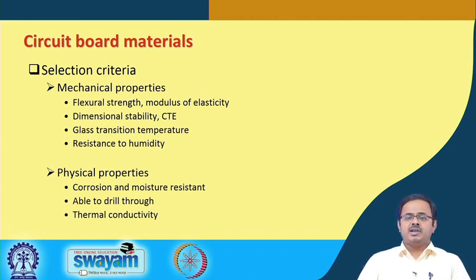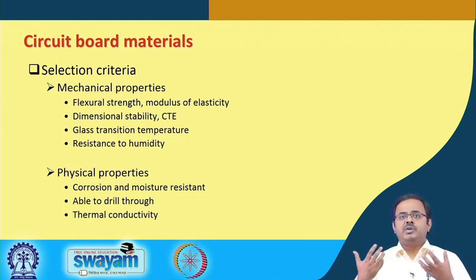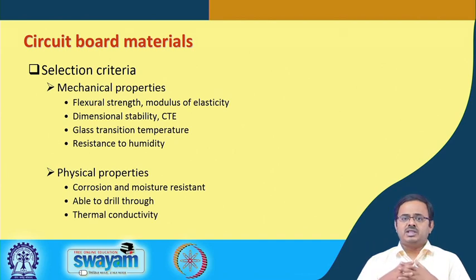So, the material has to be chosen so that the CTE is something that we can sustain, we can handle. Glass transition temperature, Tg as we call it, is a mechanical property. That temperature is also important because during the fabrication process as well as during operation, we should not be exceeding the glass transition temperature of that material. Otherwise, there will be a big change in physical properties or even chemical properties as well.